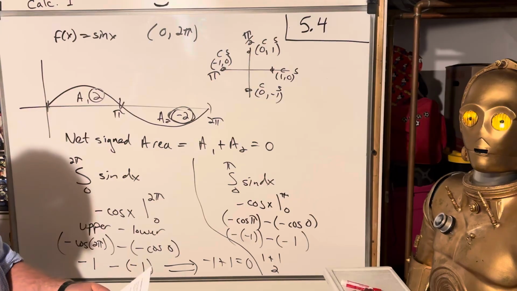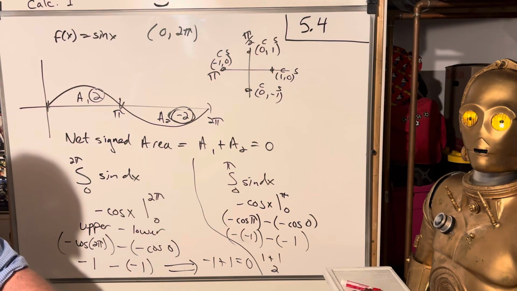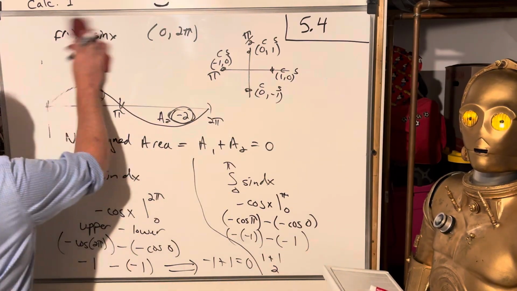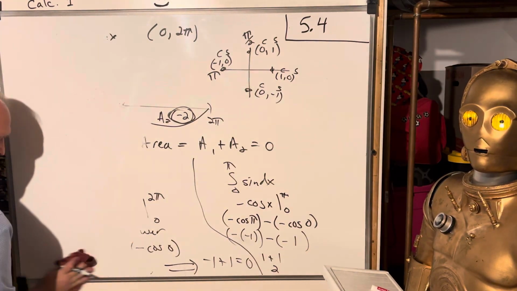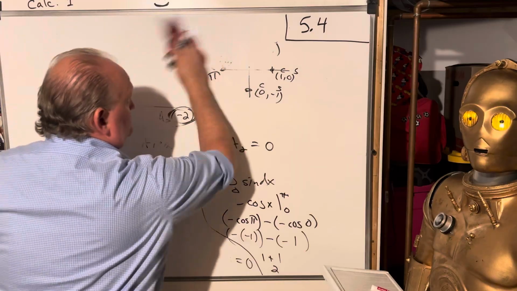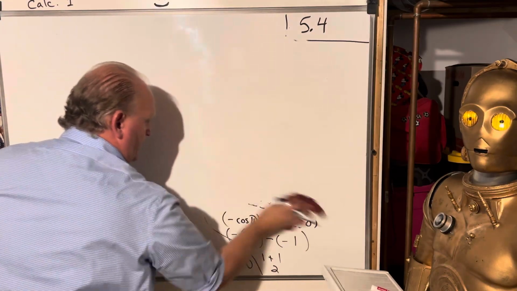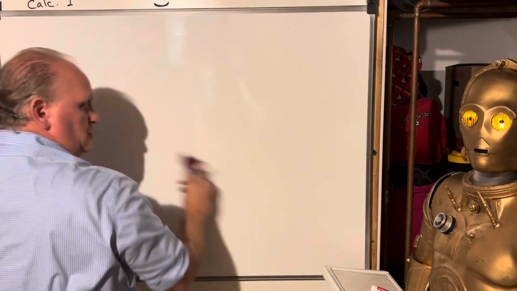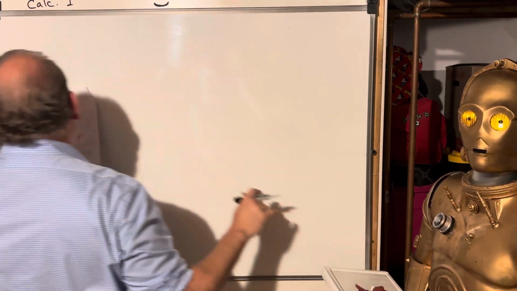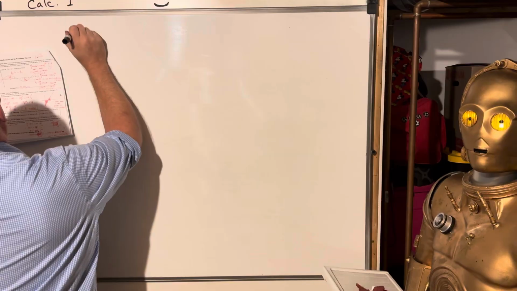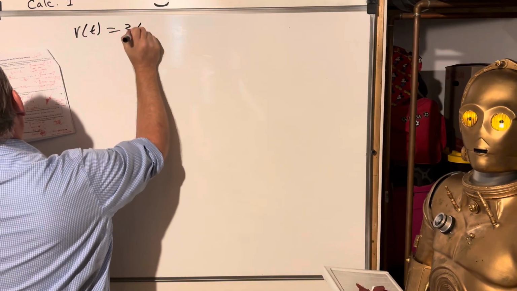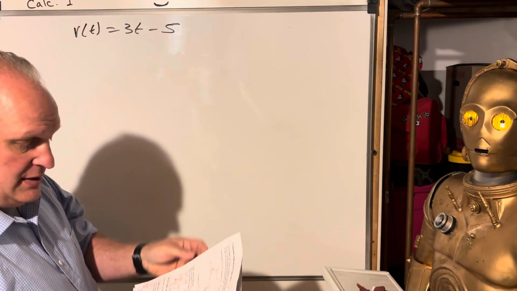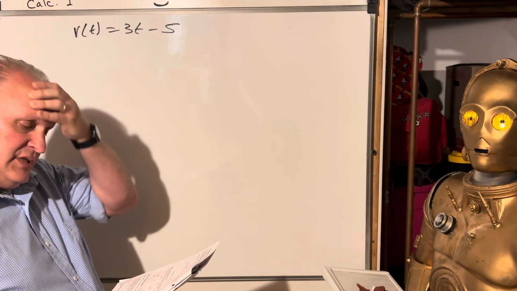All right, let's look at the velocity function. v of t is equal to 3t minus 5 in meters per second, for a particle in motion from 0 to 3.